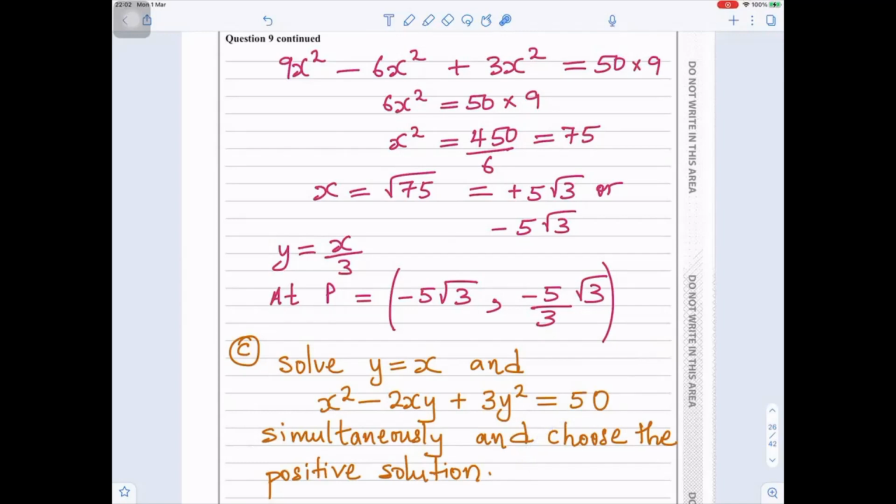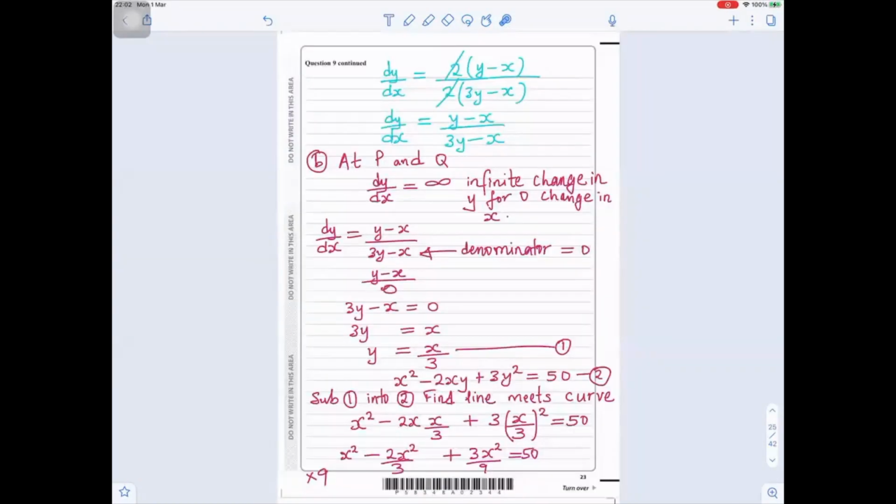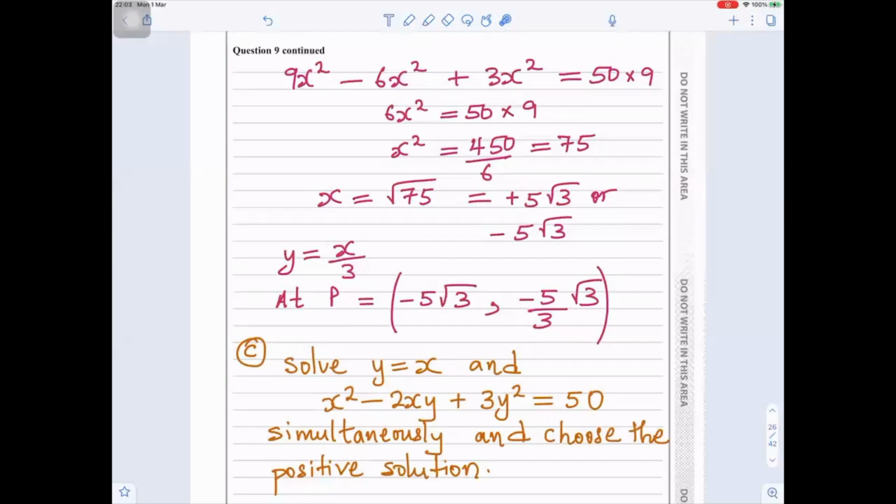So you are solving the straight line y equals x, which goes through the origin, and this simultaneously, and then you choose the positive answer. That's how you do part C. So that's question 9, part A, part B, and part C.